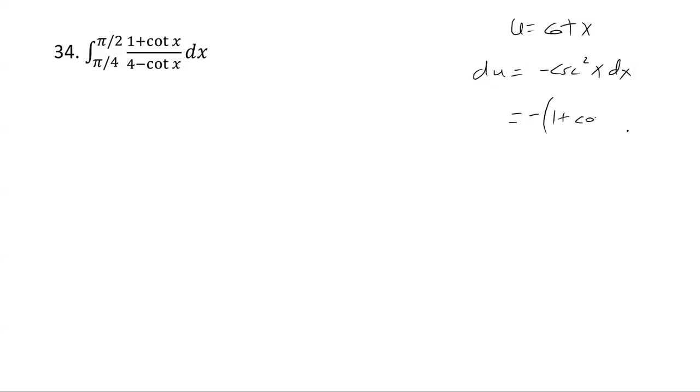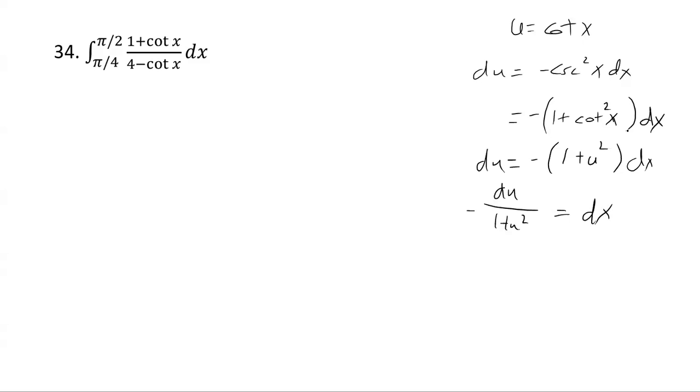Oops, I keep hitting the erase button. That's my du by the Pythagorean identity. And then this is just 1 plus u squared dx is my du, remember? So then minus du over 1 plus u squared is dx.